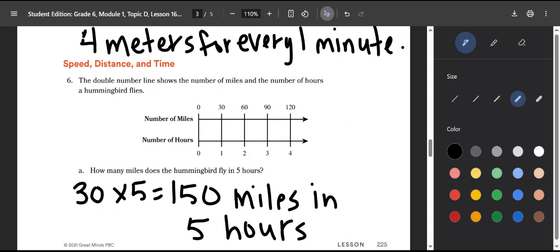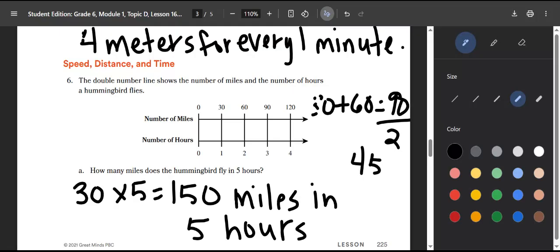I know this because if I did 30 plus 60, I get 90. And if I divide that by 2, I get 45. So right in the middle of 30 and 60 is the 45 miles mark.